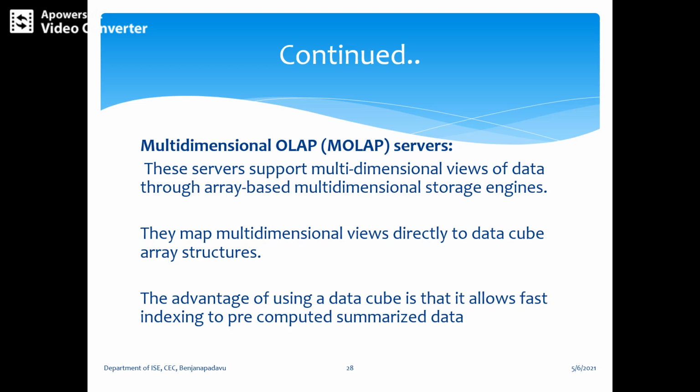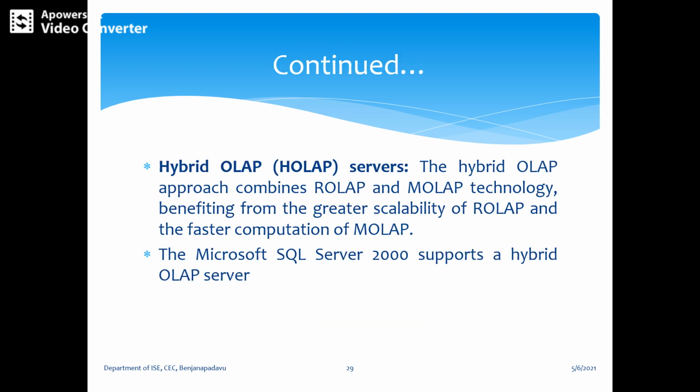So this is about MOLAP. Now the next one is hybrid OLAP, HOLAP. The hybrid OLAP approach combines ROLAP and MOLAP, benefiting from the greater scalability of ROLAP and the faster computation of MOLAP.